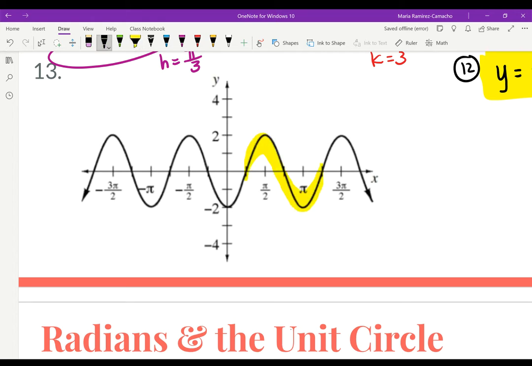I could look at this part of the graph, this one cycle of sine. Okay, our midline is at 0. The length of one cycle, let's see, halfway between 0 and pi over 2 would be pi over 4. And this point right here would be at 5 pi over 4. From pi over 4 to 5 pi over 4, that difference is just pi.